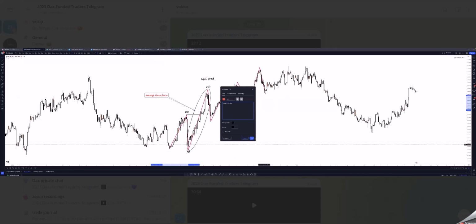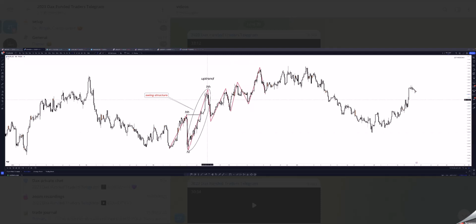Swing structure, right? Then where is the retracement? This is the retracement. Now, what's the retracement called? You can use another color to make it, you know, I really like very neat work.